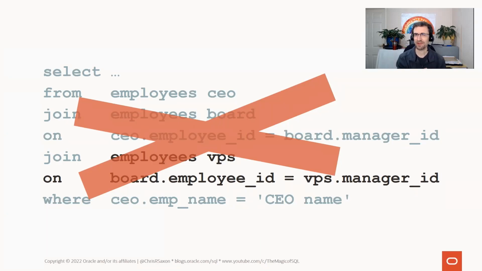So that's the first thing. We've got the employees table listed many times. The next important thing here is we've limited our organization chart to 3 levels, right? If there's a 4th level, they're not going to appear in the results. If we want to add those in, we've got to add another join. And you've got to keep adding joins until you know how deep the tree can be, how big the organization chart can get.